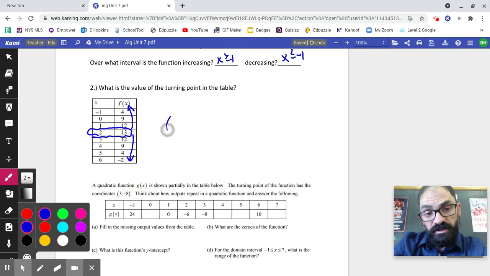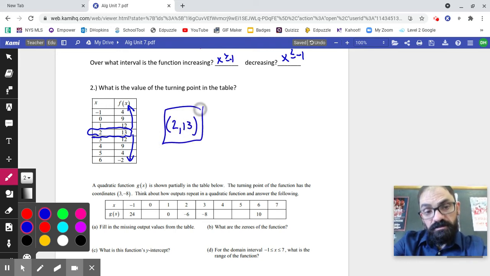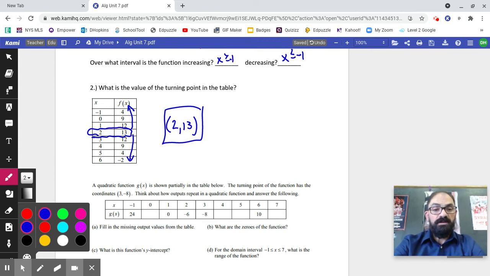So 2, 13 is the turning point. See 12 and 12, 9 and 9, 4 and 4, negative 2, and if there's another point up here, it would be negative 2.